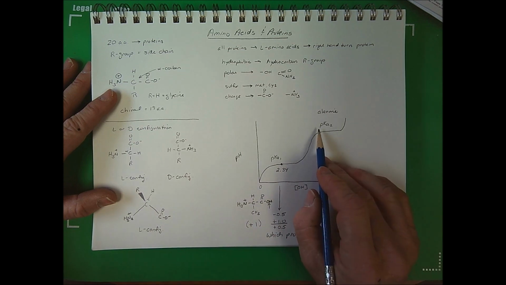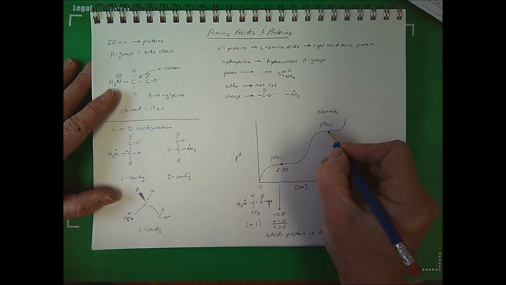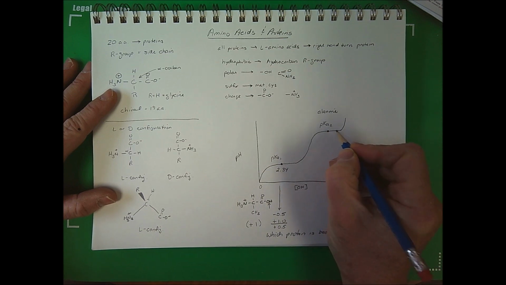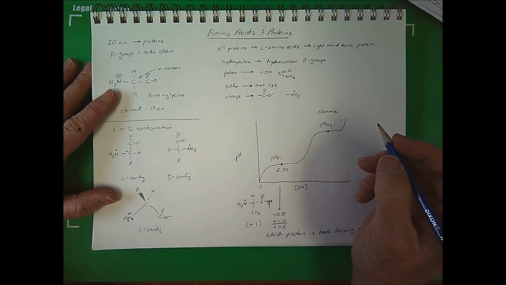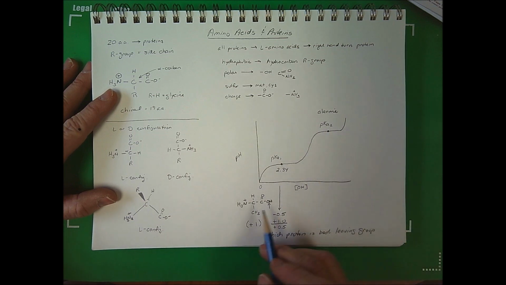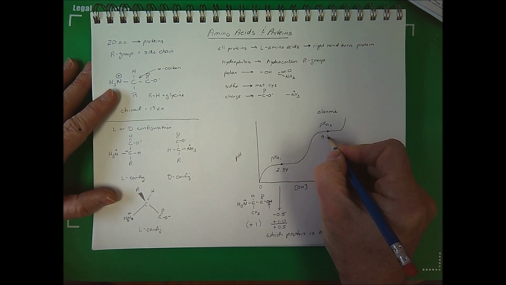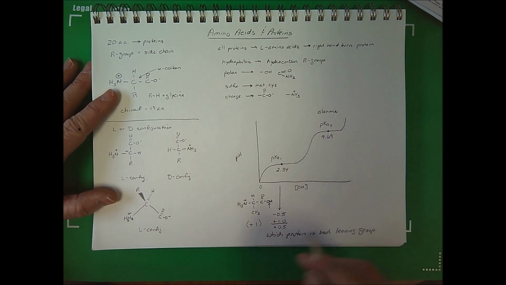Now if we move up to the pKa2, pKa2 is the pH at which the next ionizable group will be represented by 50% in its protonated form and 50% in its deprotonated form. Since we've already taken care of this ionizable group, we're going to be looking at this amine. This pKa is 9.69.